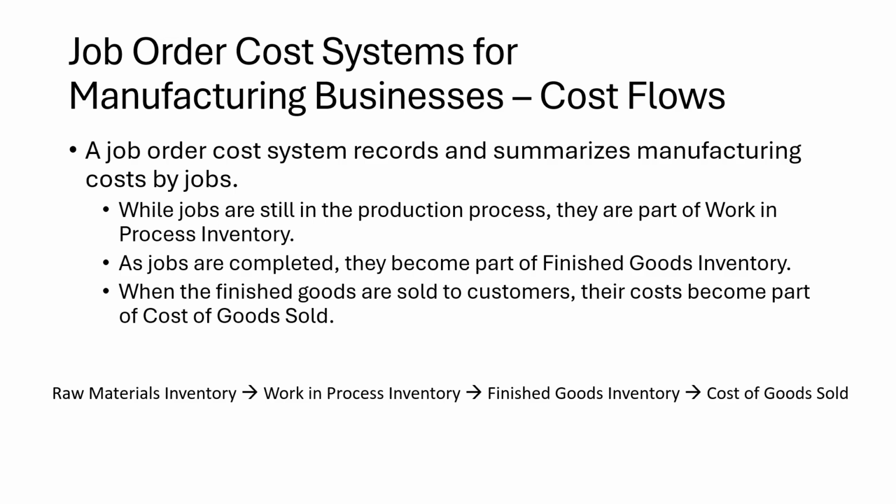They are a work in process. Then as jobs are completed, they become part of finished goods inventory. They sit in finished goods inventory until they're actually sold to customers, and then those costs are transferred over to cost of goods sold, because at that point the goods would have been sold.